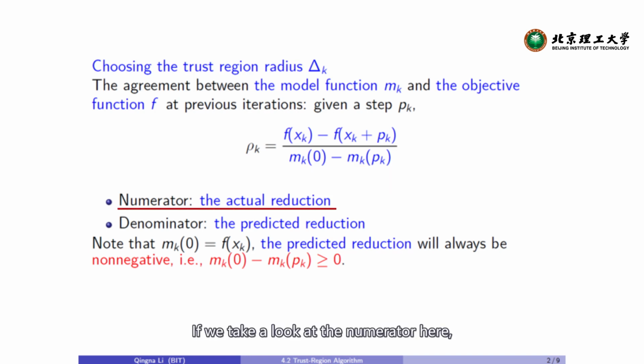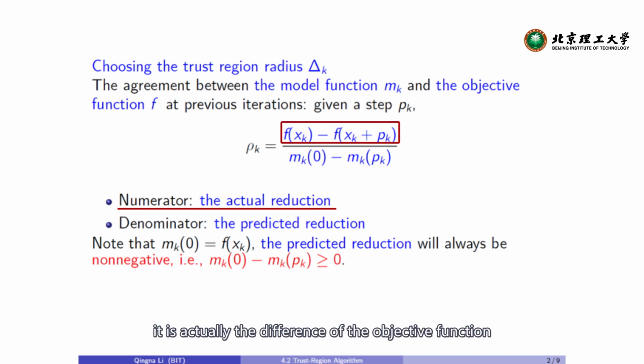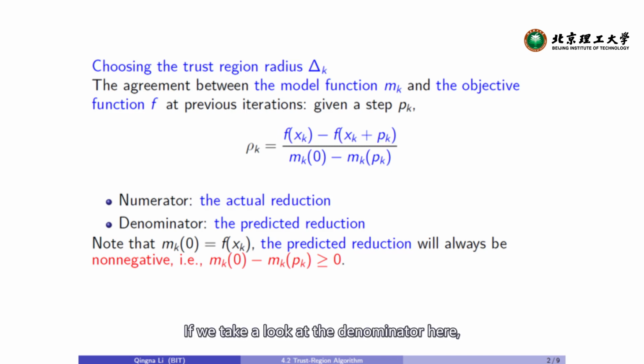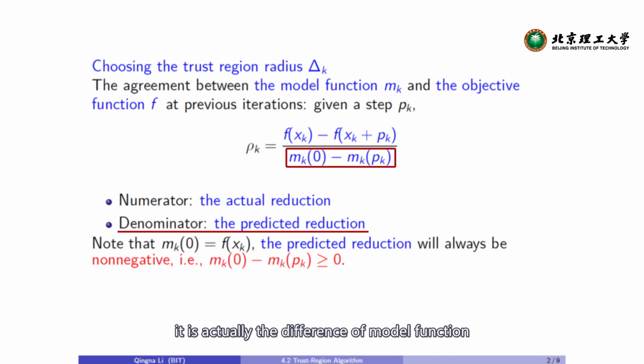The numerator is the difference of the objective function at current iteration and the future iteration. And the denominator is the difference of model functions at current iteration and the future iteration.